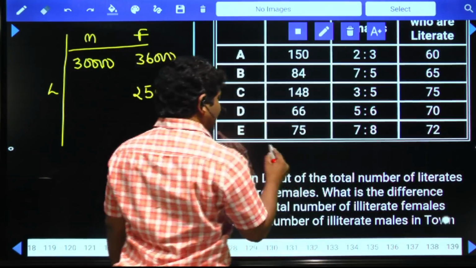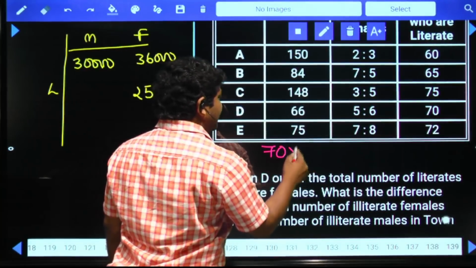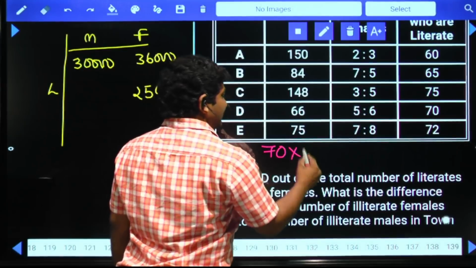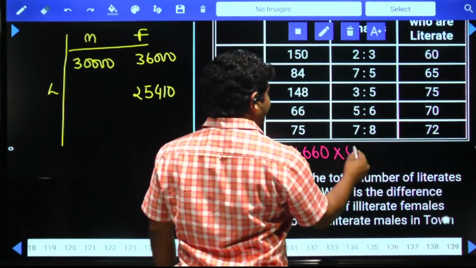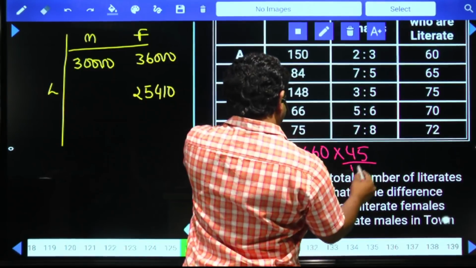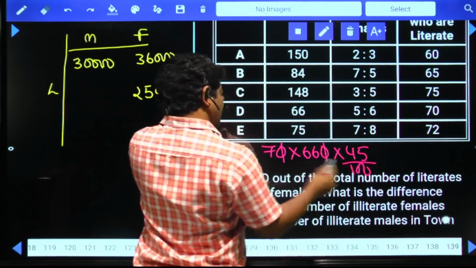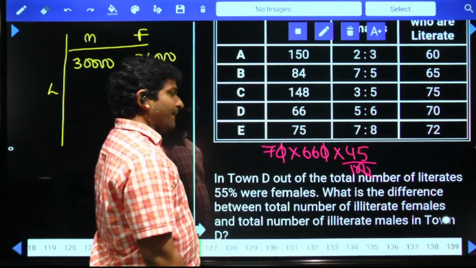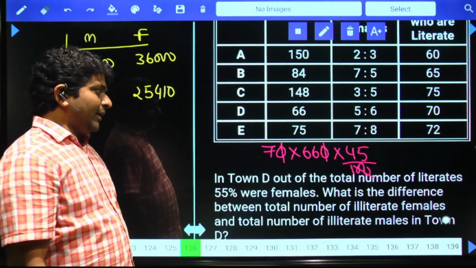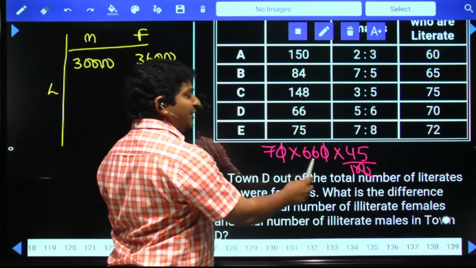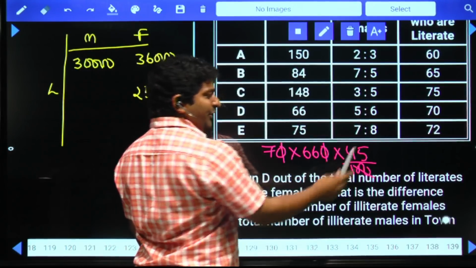45 percentage, that is 70 percentage of 66,000 into 45 percentage, that is 45 by 100. Two zeros get cancelled. Now 11 into 6, 9 into 5.